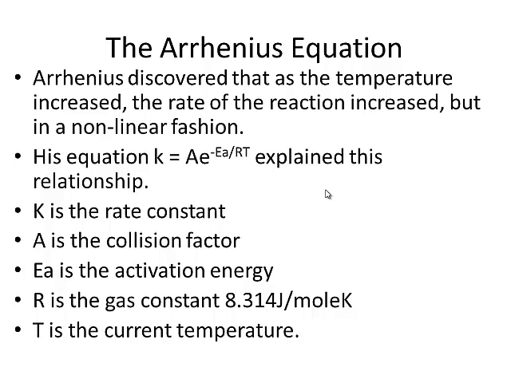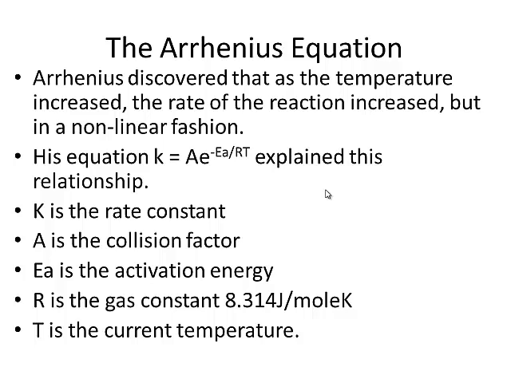A is the collision factor, which is discussing the percentage of collisions that would possibly give you a reaction. It turns out that A is not changed very much by temperature and other factors, so it's fairly constant for each type of reaction you have. Ea is the activation energy. R is the gas constant, which we use as 8.314 joules per mole Kelvin.